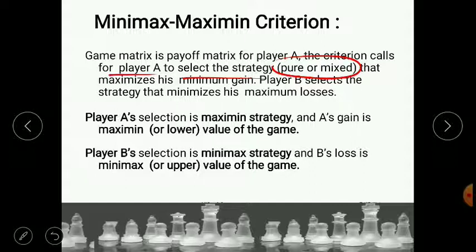But the strategy that player A selects should be such that it maximizes his minimum gain, and player B selects the strategy that minimizes his maximum loss. Please understand this again.